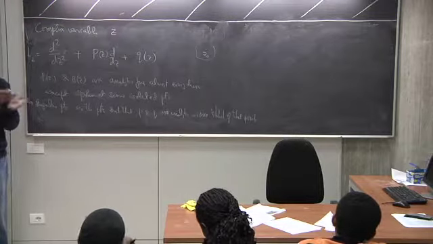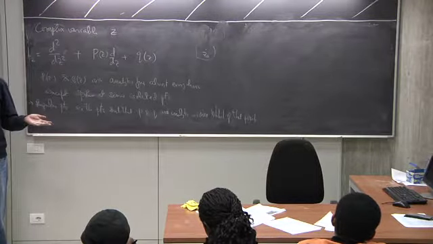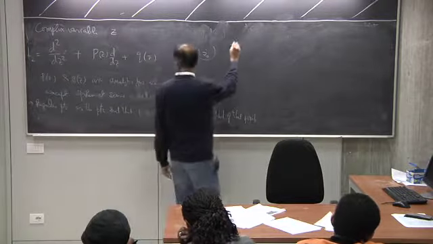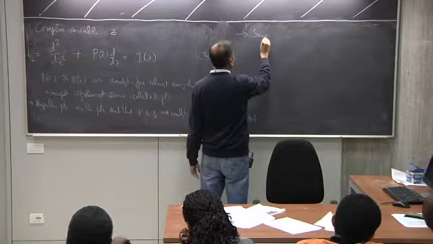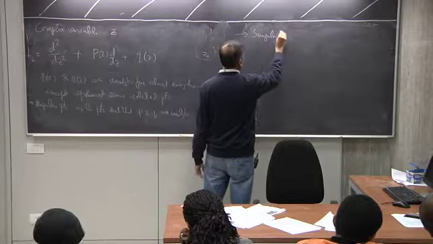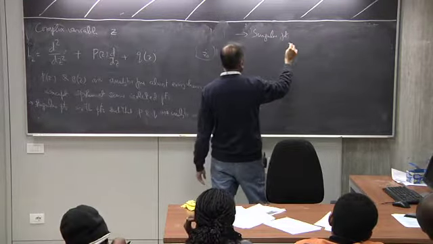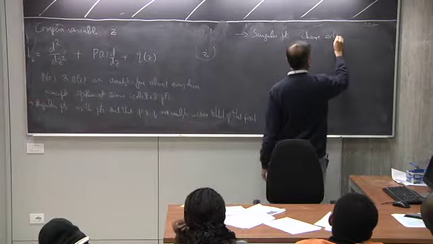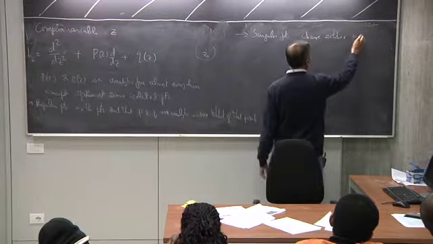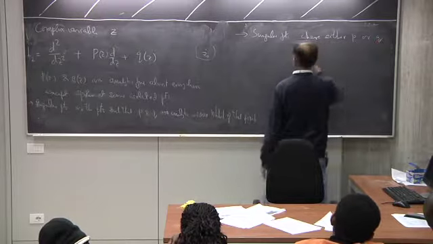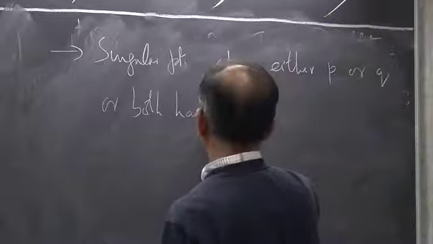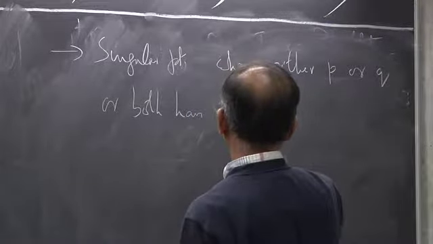Both P and Q, or only one of them, if it has a pole, then it is a singular point. The second kind is the singular point where either P or Q or both have some poles.